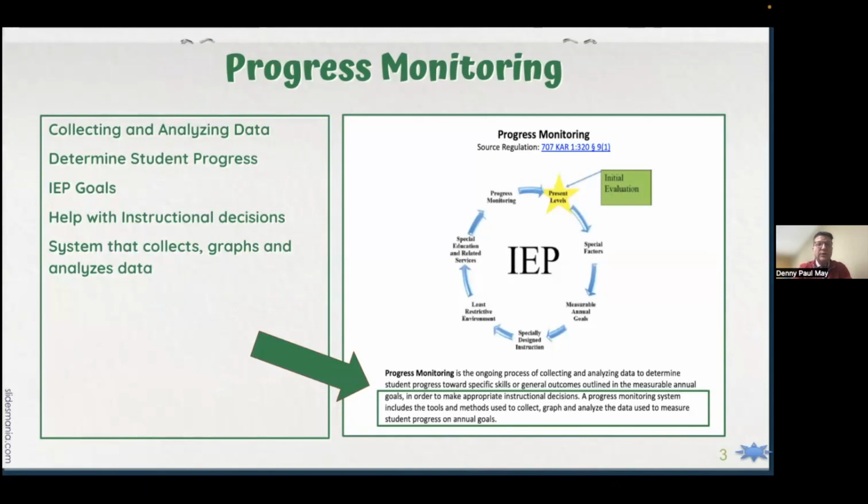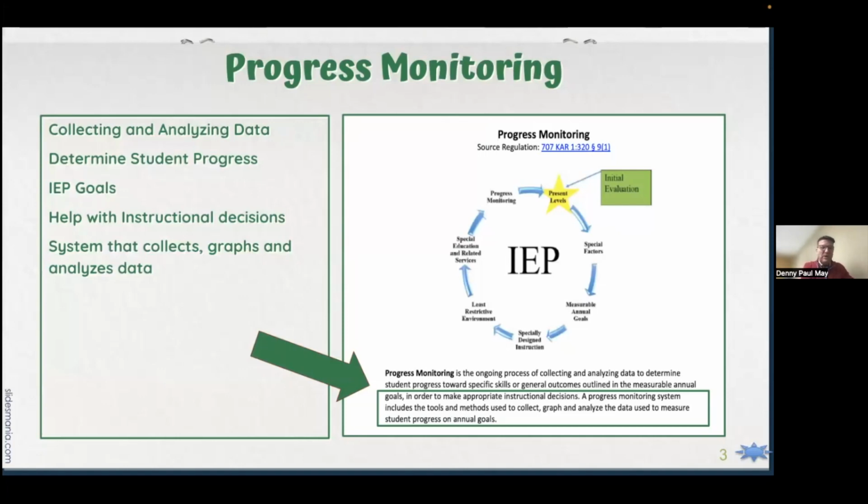And in order to provide evidence that we are providing that free, appropriate public education, we have to collect and analyze data, and we have to know how we set the current level of performance, and where that current level of performance is important.